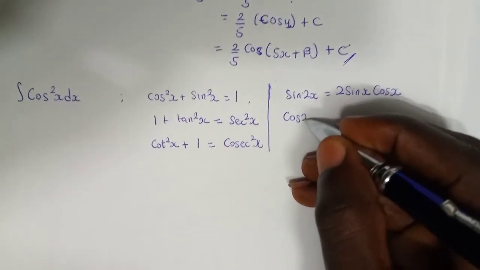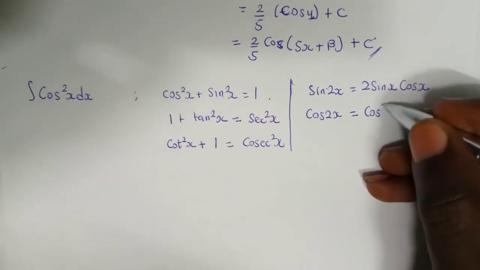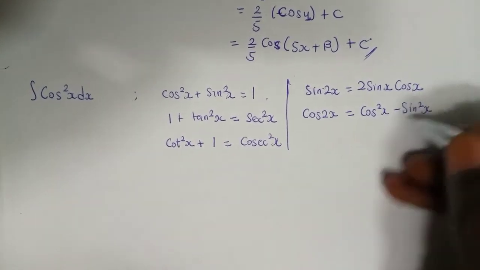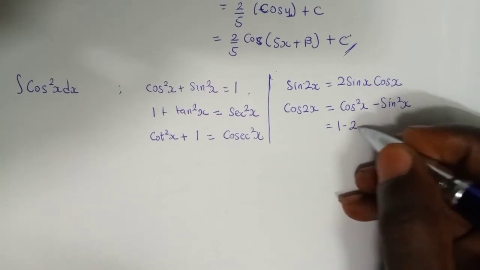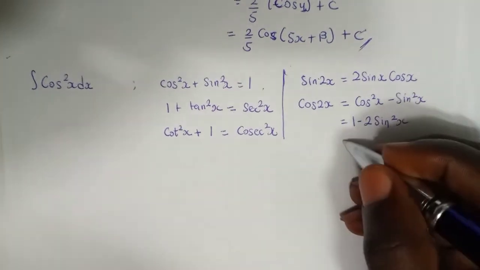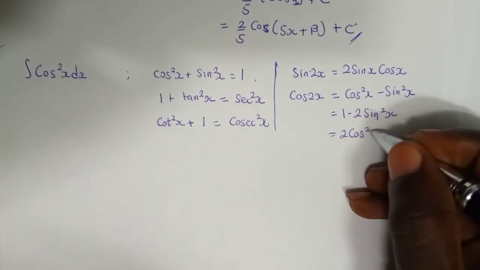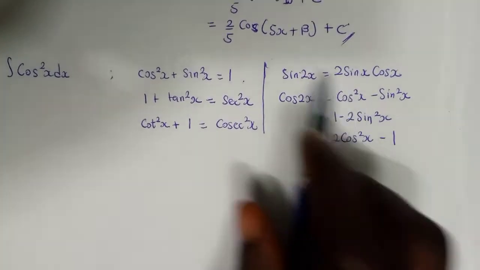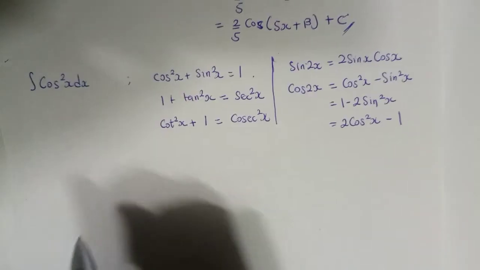Cos 2x equals cos square x minus sine square x, which is also equal to 1 minus 2 sine square x, equal to 2 cos square x minus 1. So we are going to use this property to solve such a question.